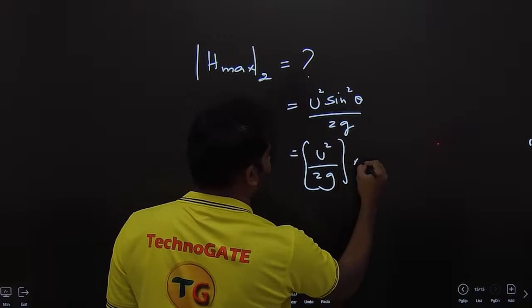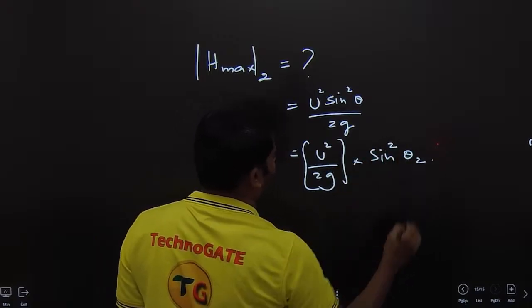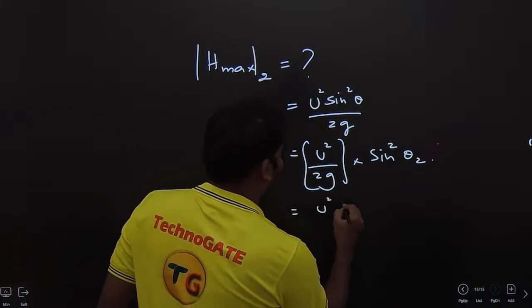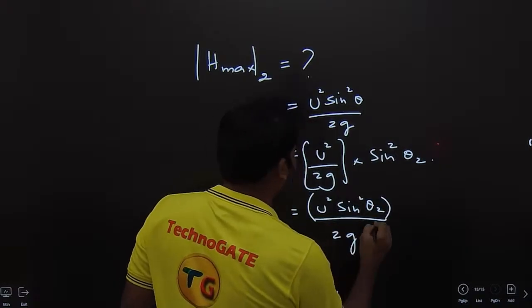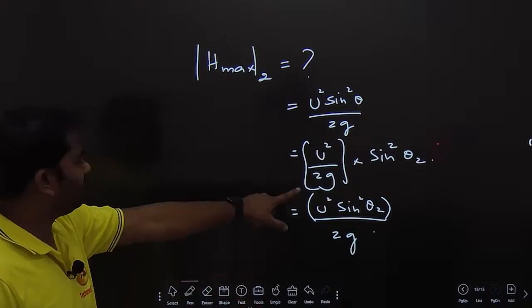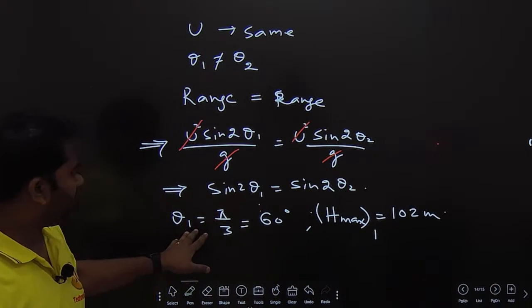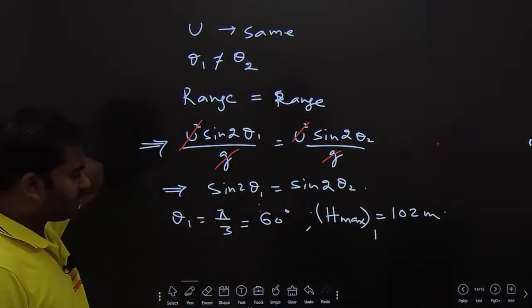From this we will get u square sine square theta 2. Once we know u square by 2g, we can multiply by sine square theta 2. So theta 1 is known; let us substitute in this to get u and so on.